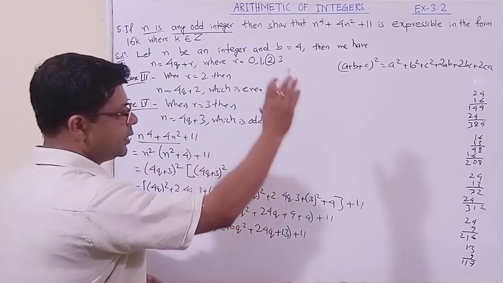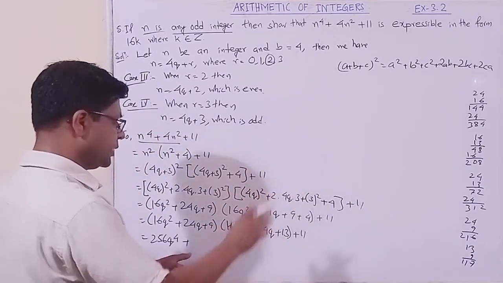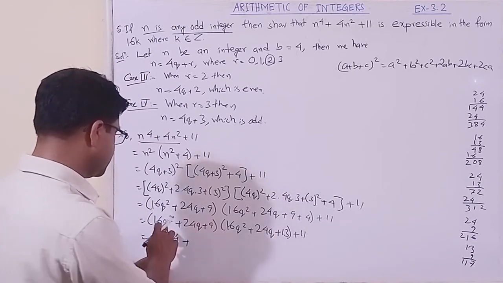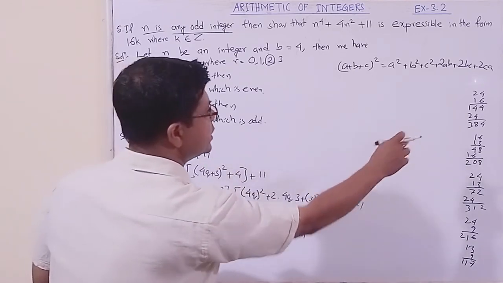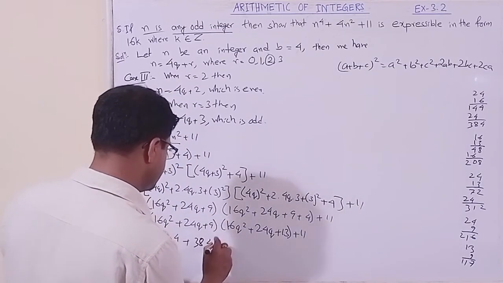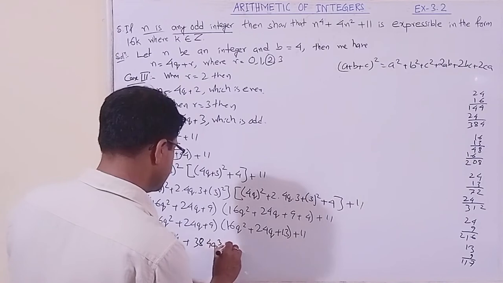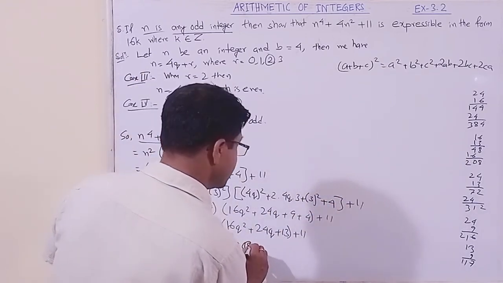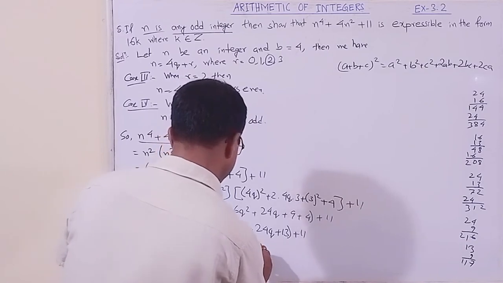Here you can see that we have shown the multiplication there, we will take the help of this. So 16 into 16 is 256, 16 into 24 is 384, 384q square into q, so it is q cube, plus 16 into 13, which is 208q square.